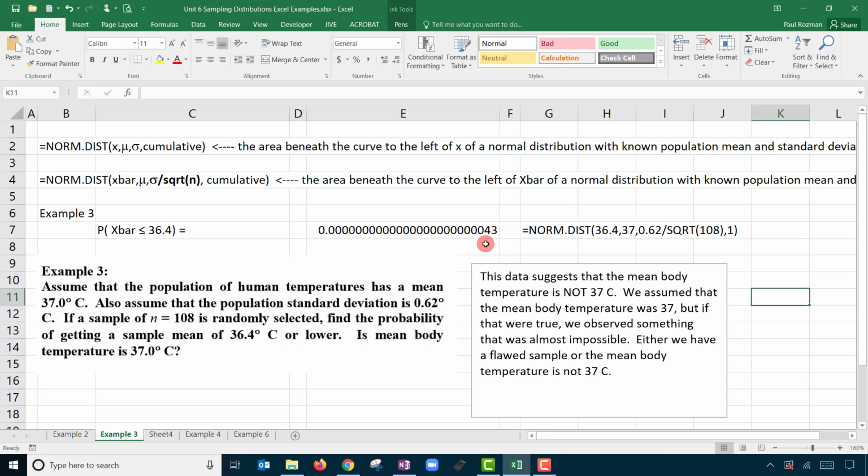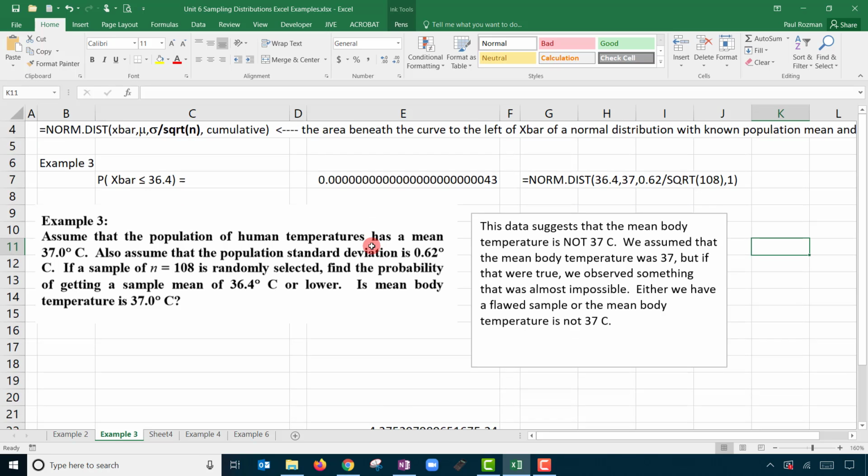We would say that this is statistically significant because this probability is so low. Generally, we use the threshold that if this probability is under 5%, we reject the null hypothesis. So our null hypothesis here was that the body temperature was 37. And we would reject that because this probability is unusual. It had a less than 5% chance of occurring.